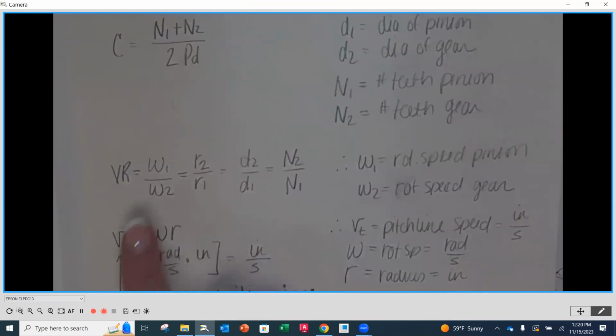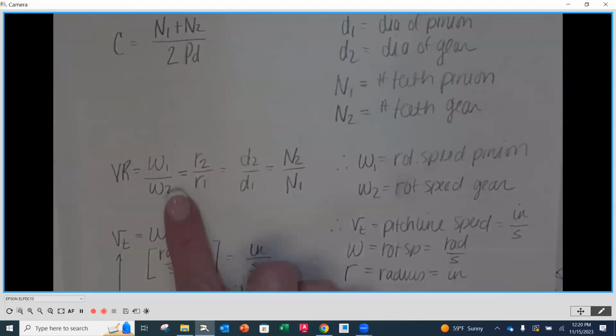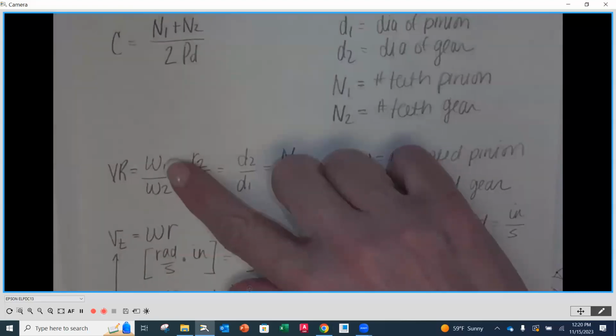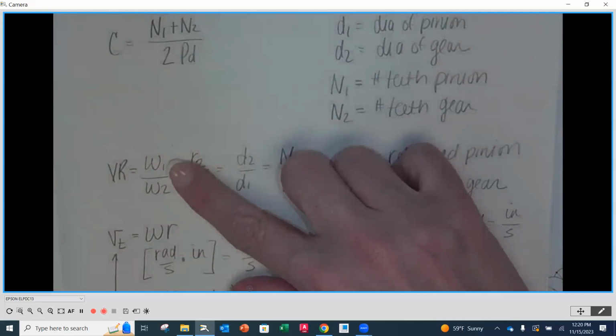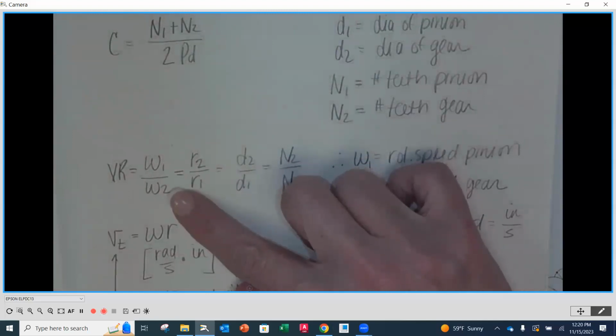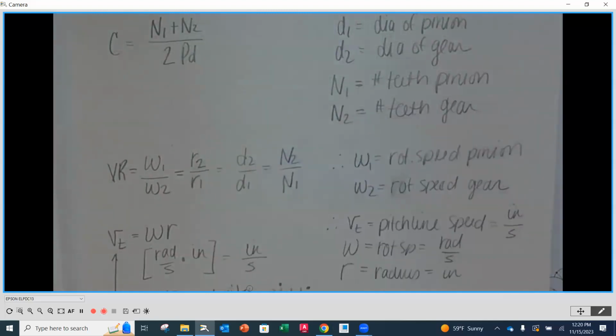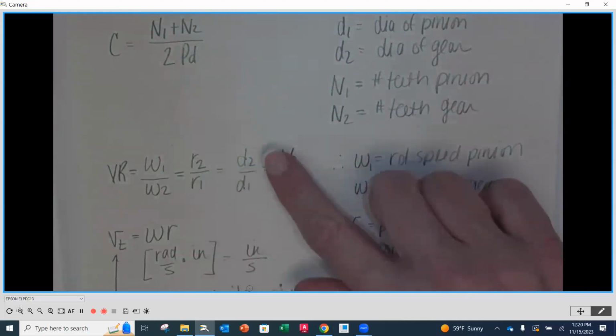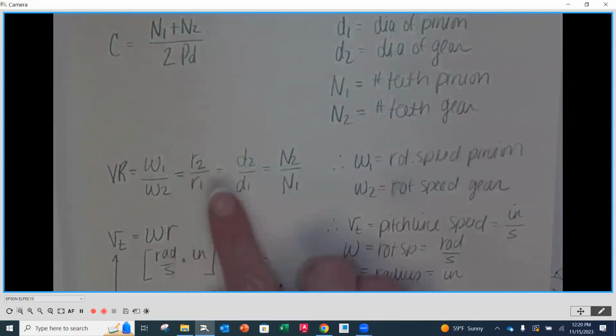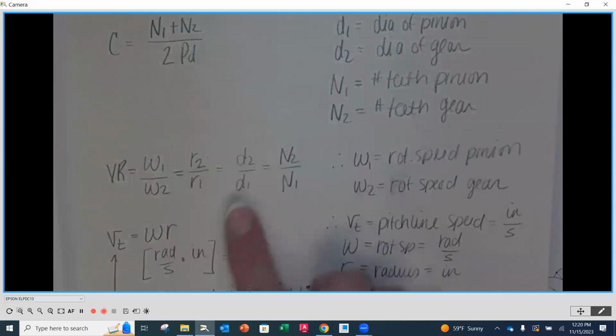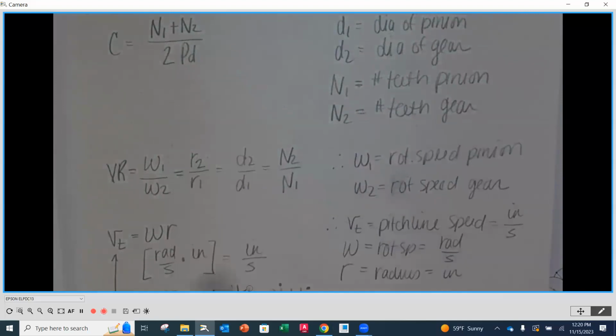And we can get that by comparing a couple different things. First of all, we can take the rotational speed of the pinion and divide it by the rotational speed of the gear. Or we can look at the physical traits, meaning the radius or the pitch diameter. But notice that our larger number always goes on top.